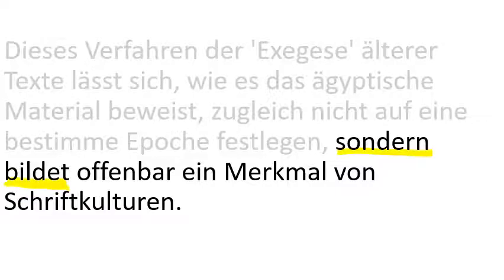But you don't actually have a subject here. So what you need to do is supply the subject from up previously, the method of exegesis of older texts. Cannot be something there, which we'll get back to, but forms or constitutes, apparently. Offenbar means something like apparently or appears to be.